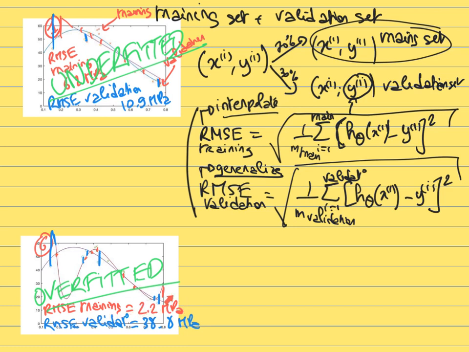The error for the training set is very low, but in turn it doesn't generalize well at all. The error for the validation set is very high. So this is the signature of an overfitted model.